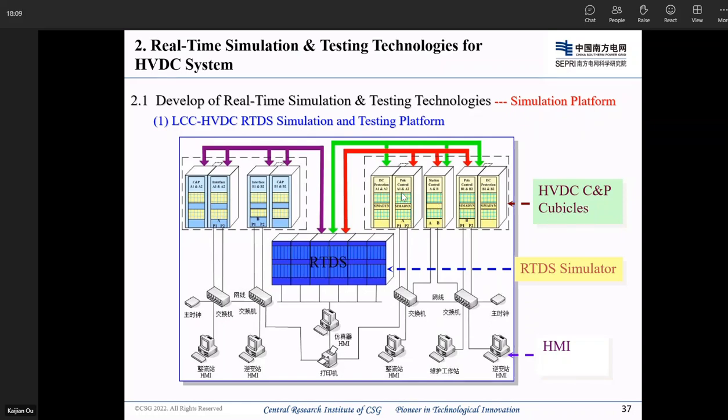The control cubicle can include station control, pole control, and also the protection system. It connects with RTDS through IO cards, input and output cards, and also has an HMI. HMI is a human-machine interface to operate the system.